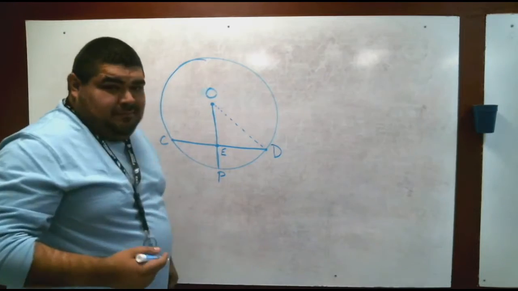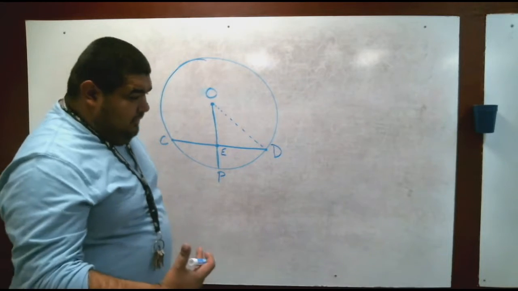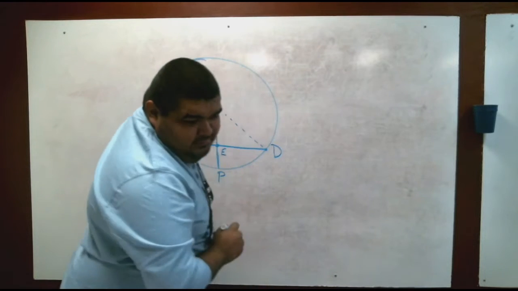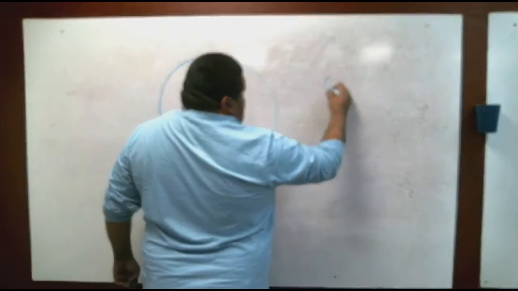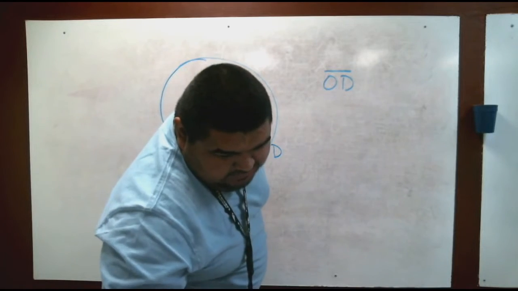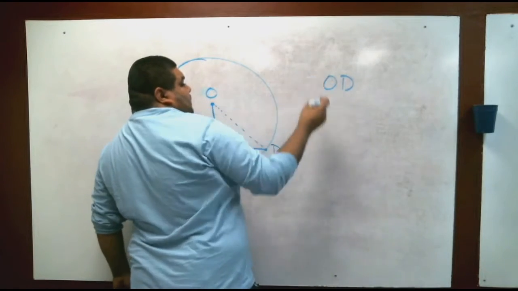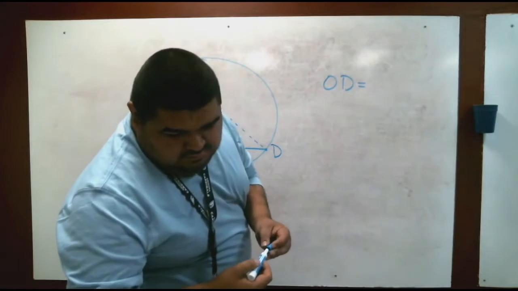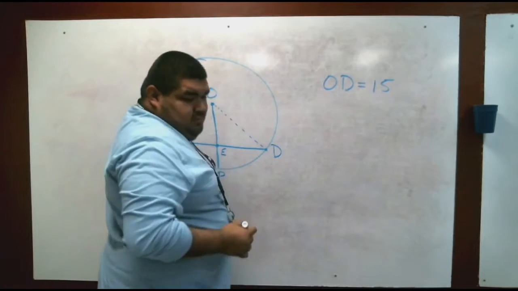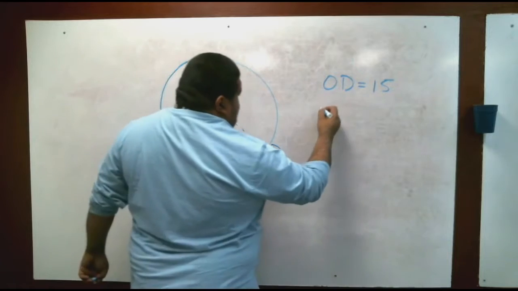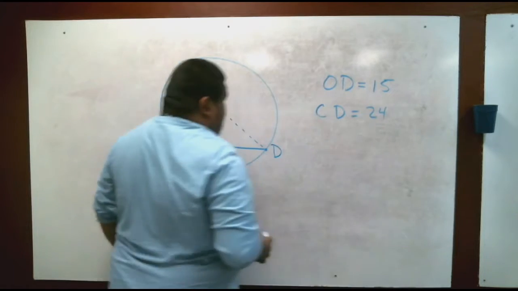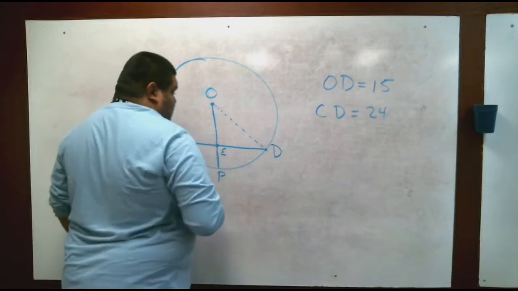If it were to give you some measurements, for example, let's say that OD equals 15. We also have that CD equals 24.